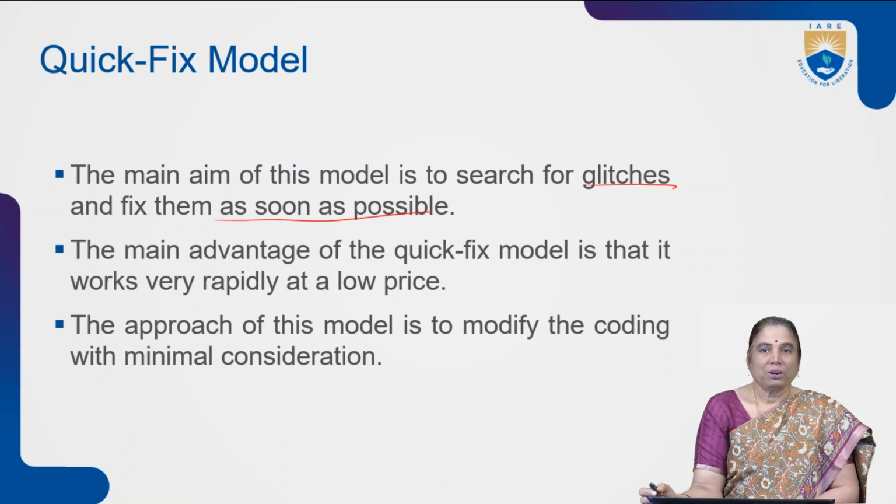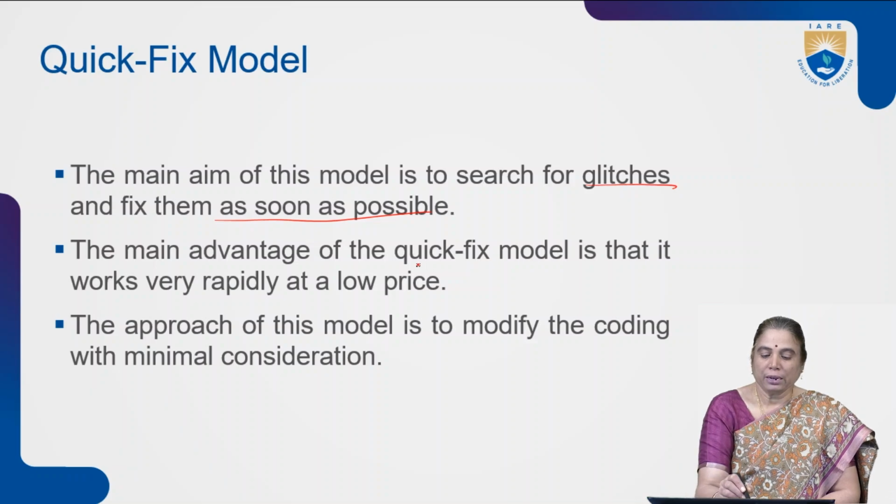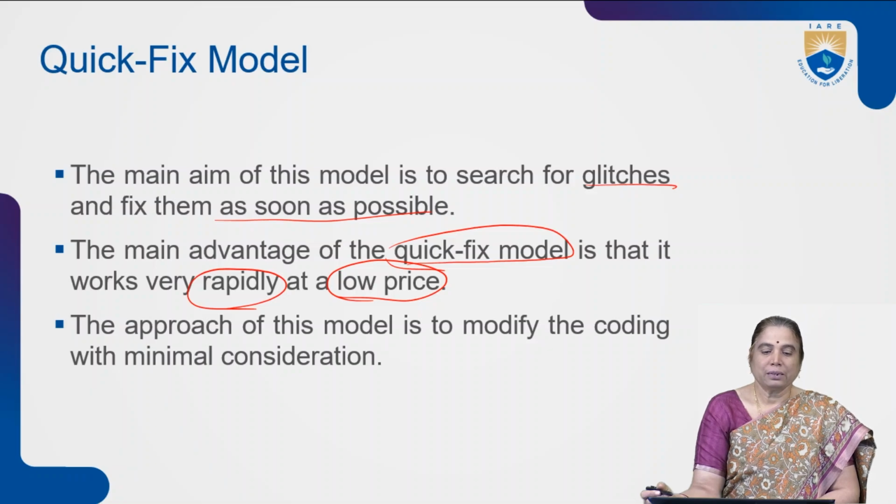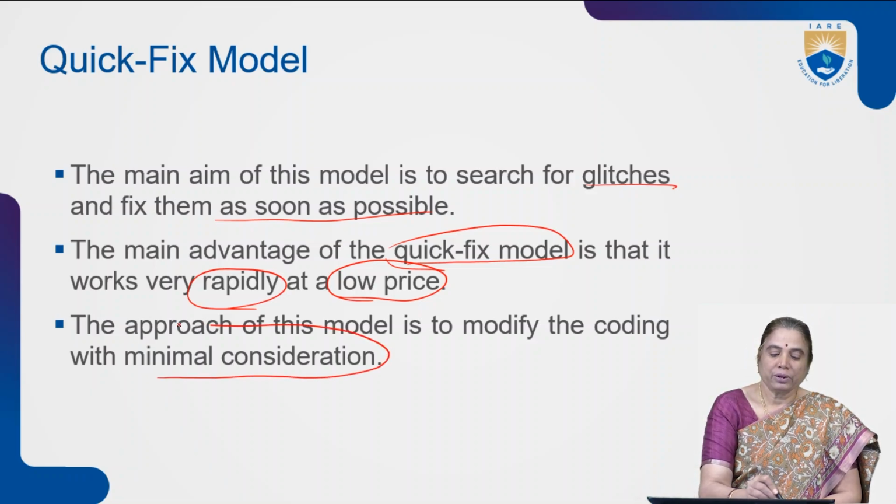The main advantage of the quick fix model is that it works very rapidly at a low price. So the change is quickly identified and the bugs can be easily fixed with low cost drivers in case of quick fix model. The approach of this model is to modify the coding with minimal considerations.